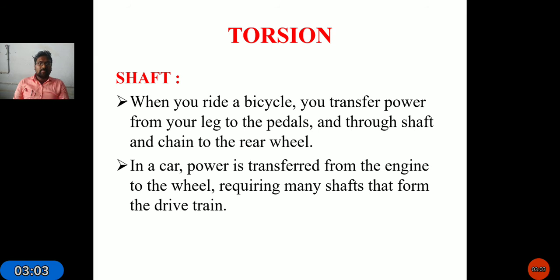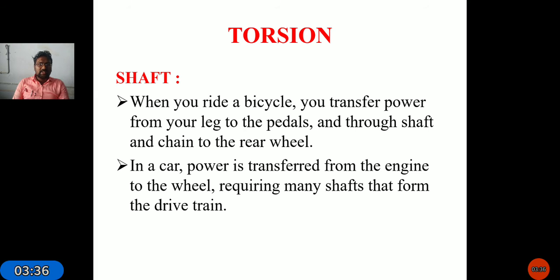In the same way, coming to a car, the transmission system from input to output is a shaft. That means the power coming from the engine is supplied to the rear wheels. Here we are not using any chain system; we are using a shaft. By using the shaft we transfer power from the engine to the rear wheels.